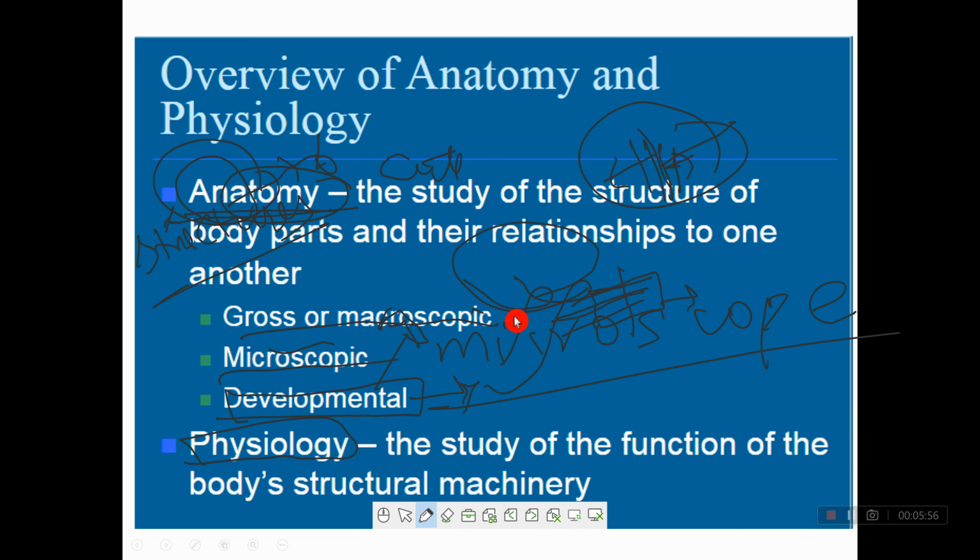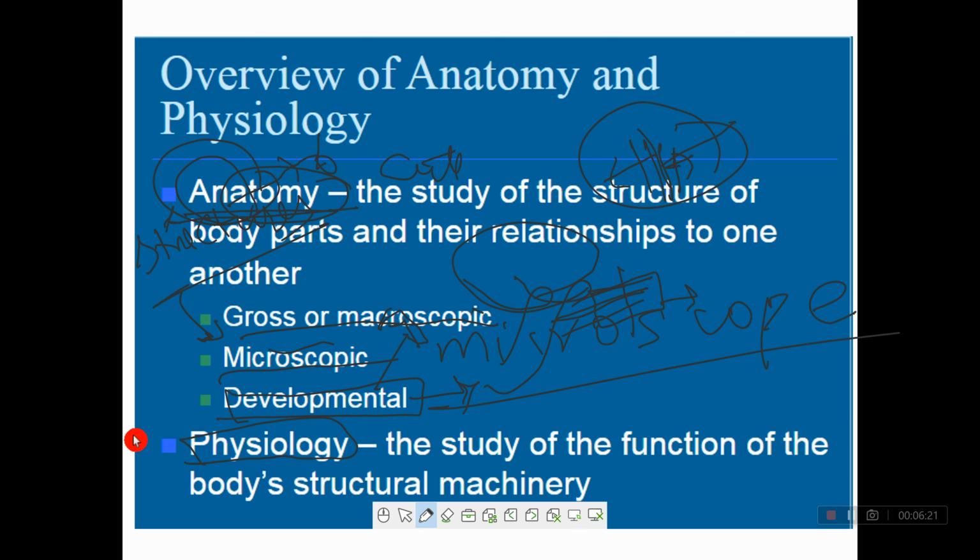For example, in the respiratory system, there are lungs, nose, and different organs that are related to respiration. In anatomy we will study these structures: what the anatomy of the structure is, which vein or artery is supplying blood, which muscles are attached, how many bones are there. We will study this in anatomy.